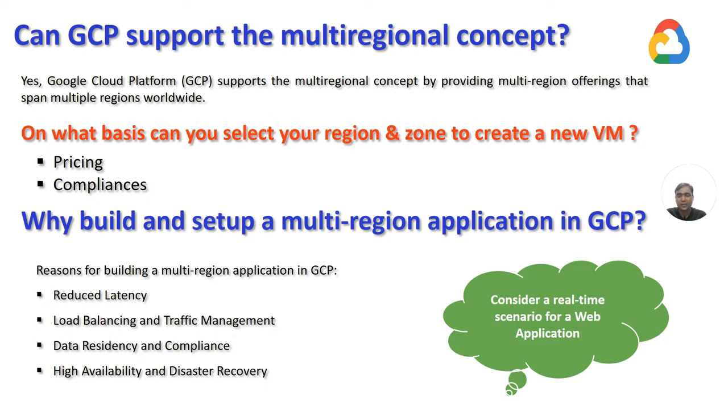Real-time collaboration applications often have strict availability requirements. Guys, by setting up a multi-region architecture in Google Cloud Platform, you can ensure high availability for your application. If a particular region experiences an outage or disruption or shutdown, then users can seamlessly fail over to other available regions and continue their collaboration without interruption.